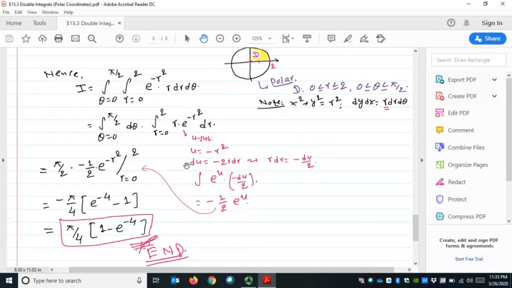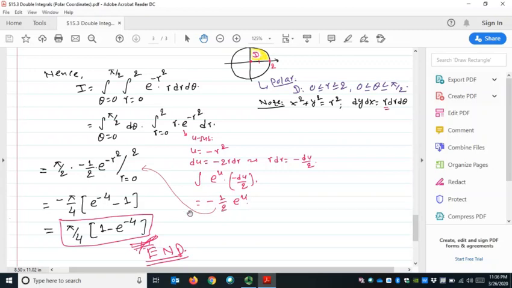Then this reduces to e to the u, and r times dr is minus du over 2. The integral of e to the u with respect to u is simply e to the u, and minus 1/2 is a constant here as it is.